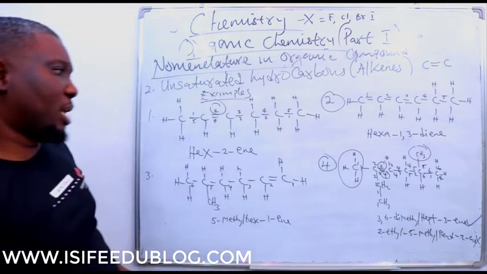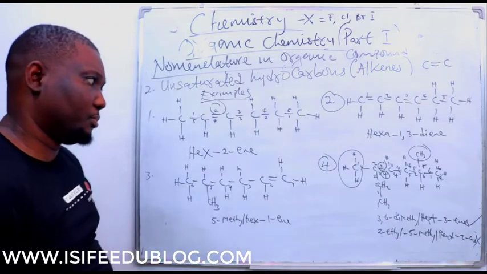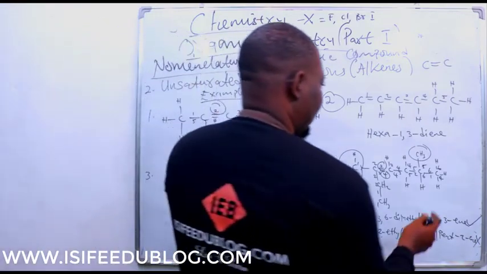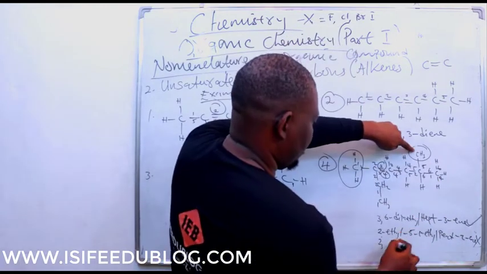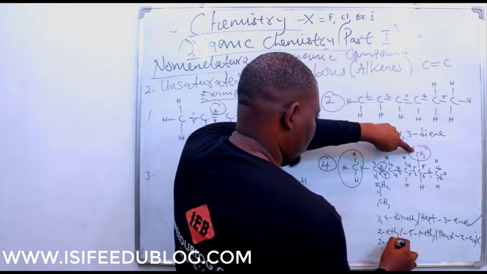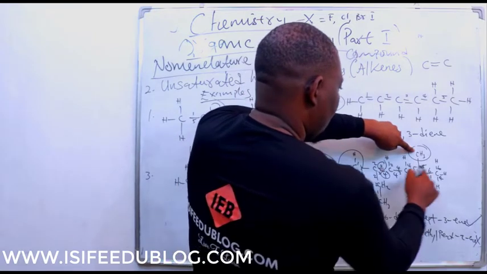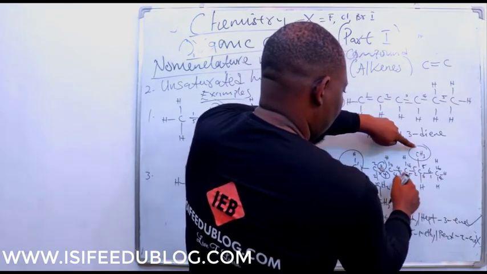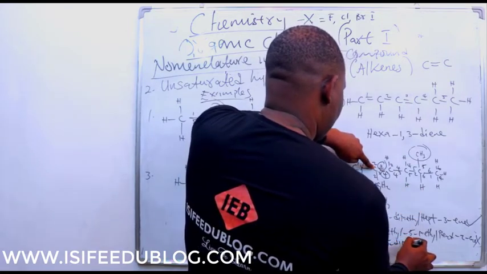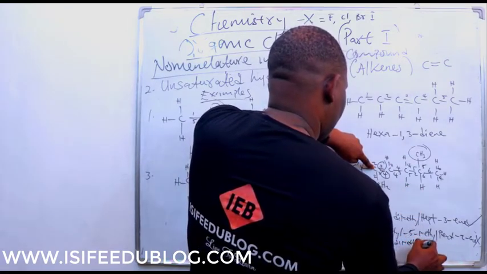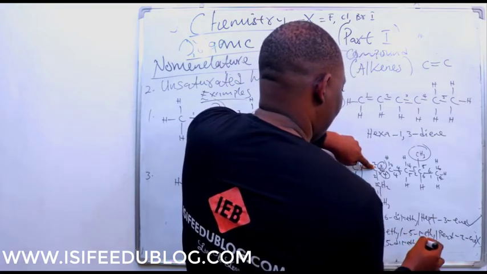Or some other will see it at this angle by coming this way and say 1, 2, and they say it is 2. It's now become 2-methyl. 2, comma, 1, 2, 3, 4, 5. They say it's 2,5-dimethyl. Okay, the last say it's 2,5-dimethyl.